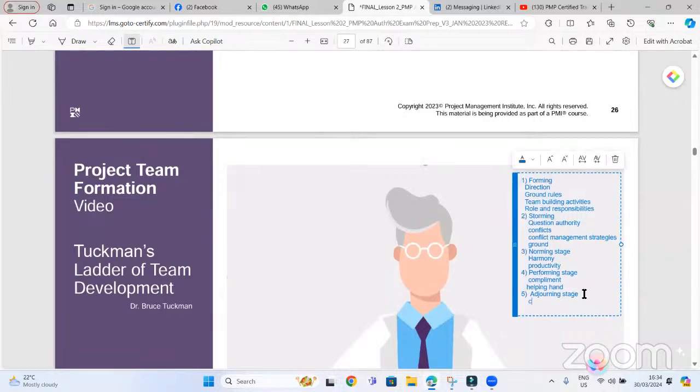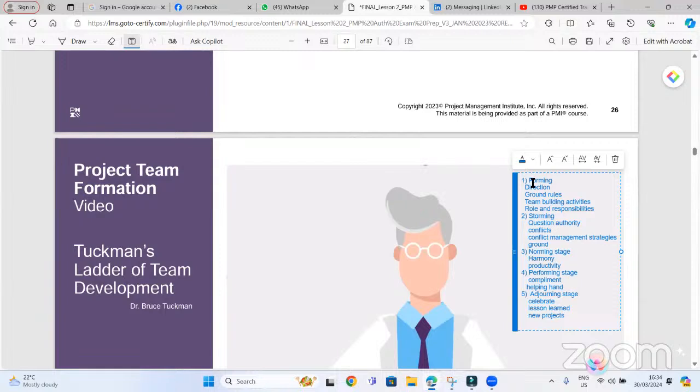We share with each other what we learned during this project, and then we adjourn, because now the people will move to other projects. Either they will see each other in the new projects, or the team will be dismantled, so the project manager and the team members will adjourn, they will leave the project and the project is already closed.